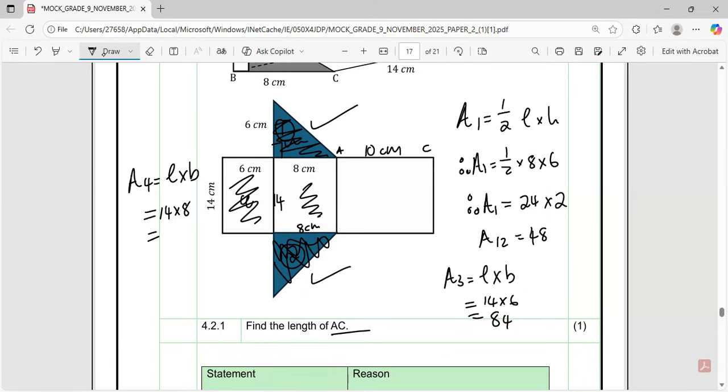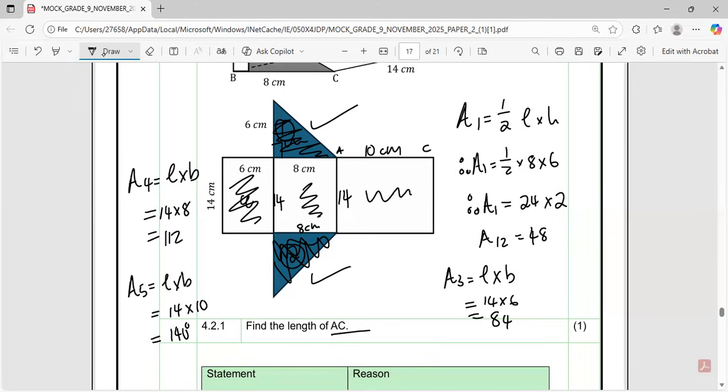And then we're left with the last one here. Remember here we know it is 14. Let's call it A5. For A5, we're going to have length times breadth as well, which will be 14 times 10. And this is going to give us 140, right?